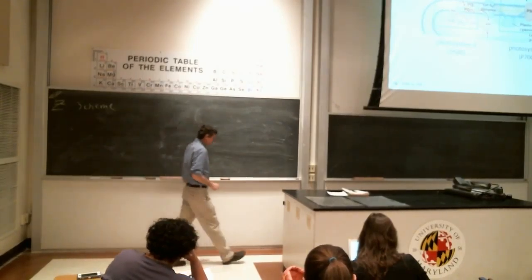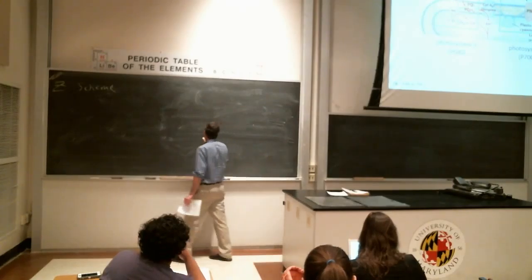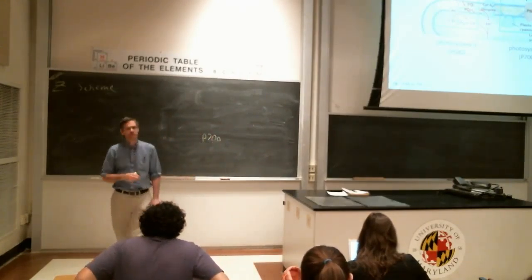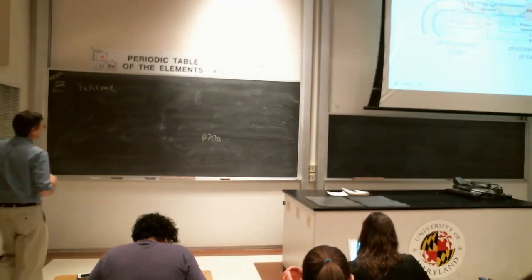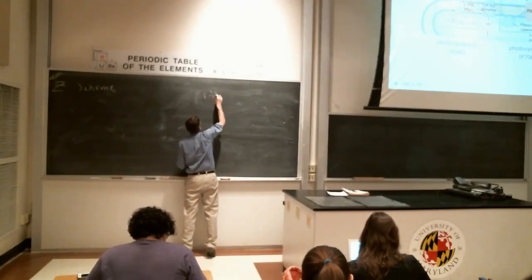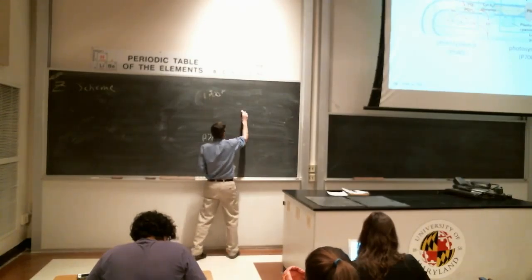So for the Z scheme, we have P700, which represents the special pair of chlorophylls in photosystem 1. And we have P700 star. And ferredoxin is about here.